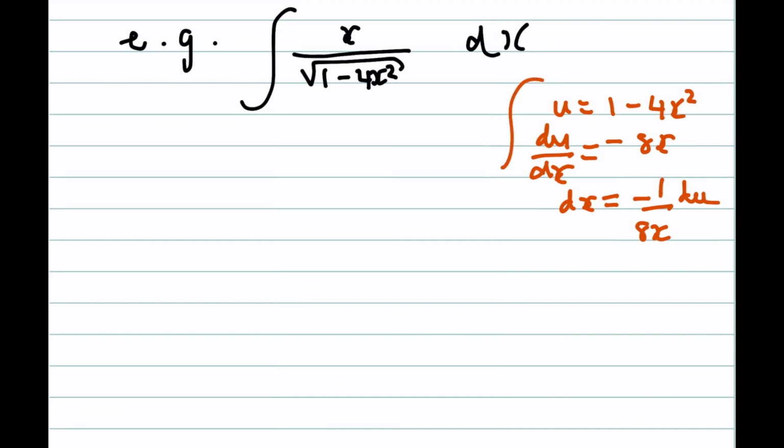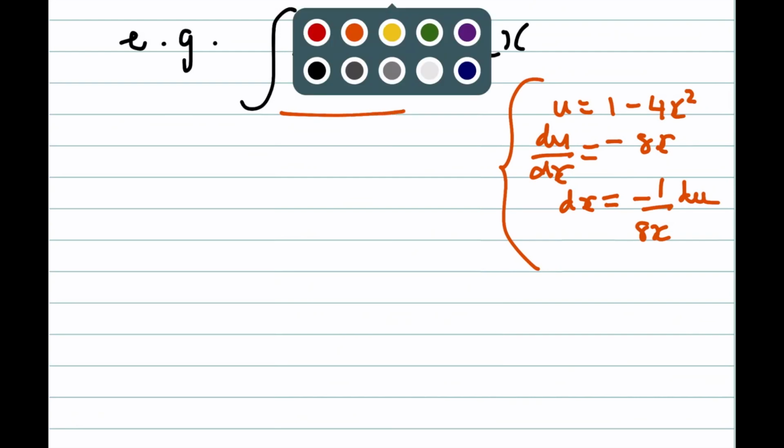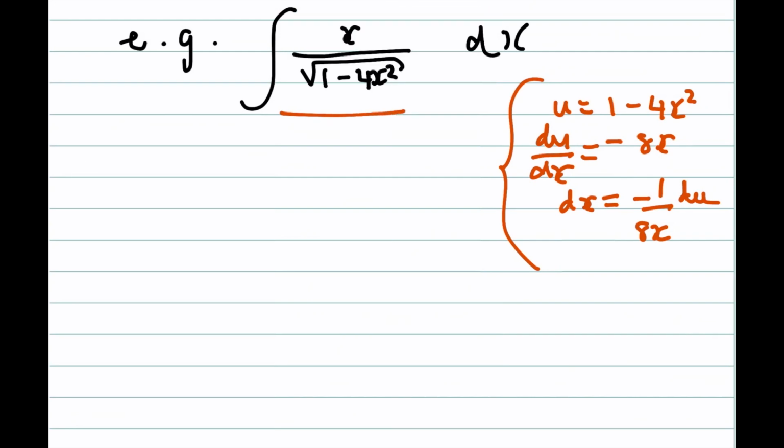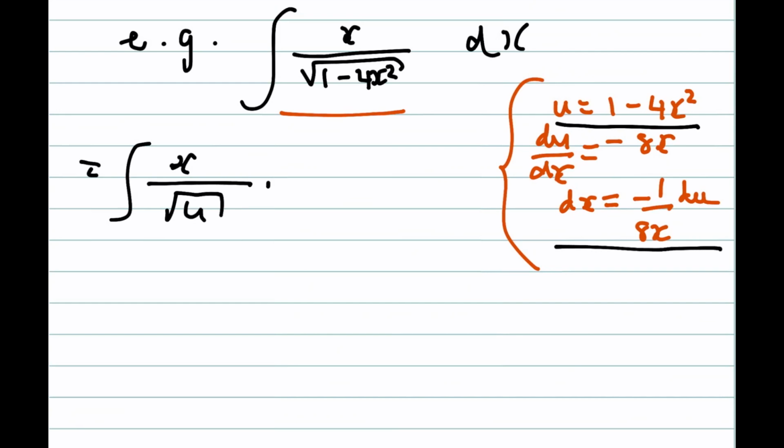So let's plug all of this back into our original integral. So this integral can then become the integral of x over the square root of u now, because we've defined the substitution, times dx, which we've determined to be this. So times minus 1 over 8x du.